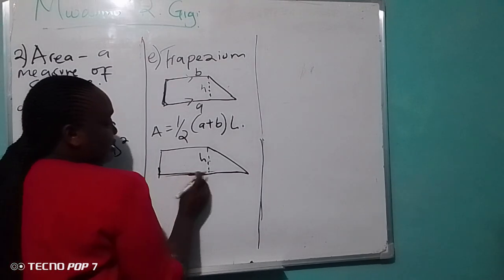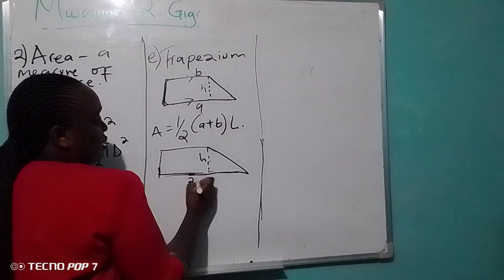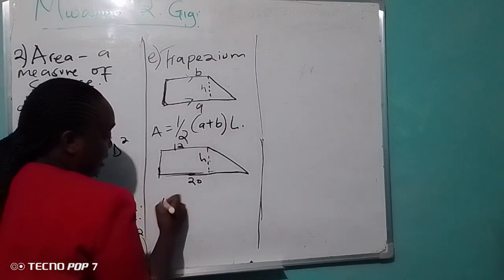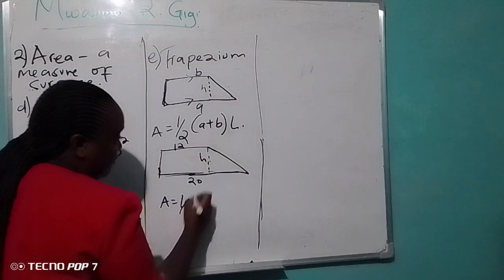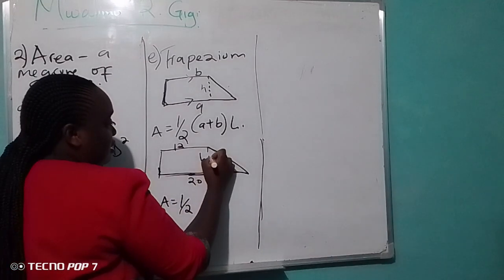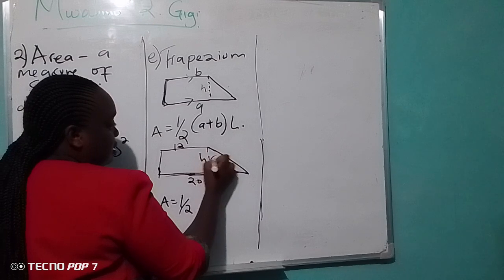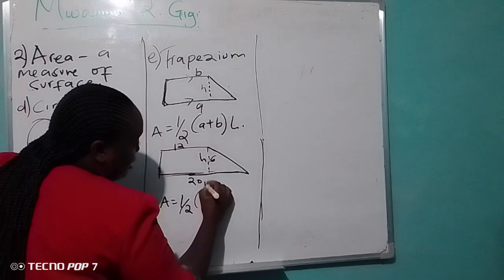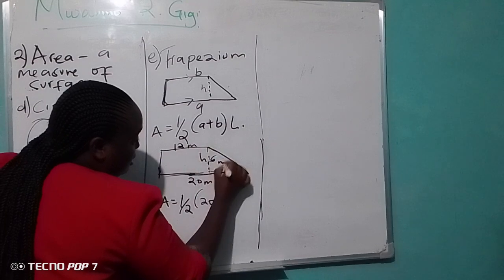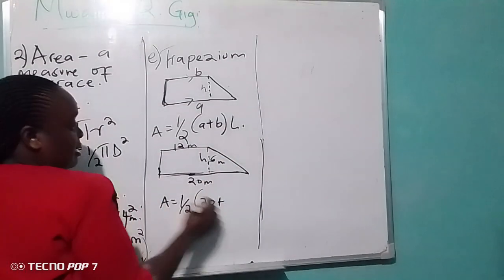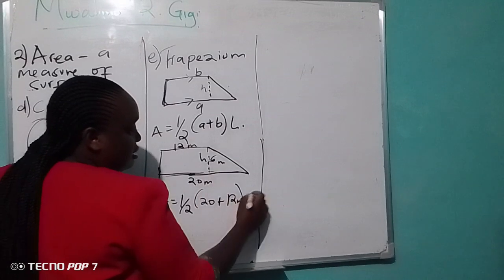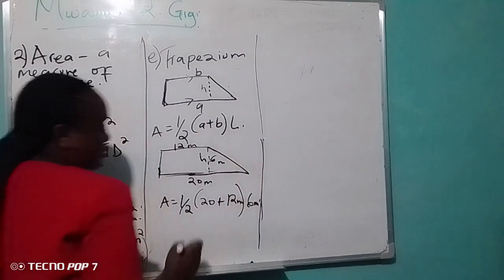So for instance, this longer side is 20, this is 12. So its area is equals to a half, height is 6. So it's a half 20 meters plus 12 meters into 6 meters.